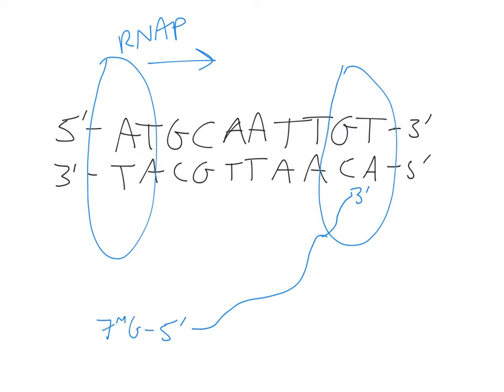And that's the very first thing that happens. In eukaryotes, as soon as that 5' end leaves RNA polymerase and is in the nucleus, it gets capped. It's the first part that gets synthesized. So RNA polymerase is actively working, adding new nucleotides down here at the 3' end of that new growing RNA molecule.